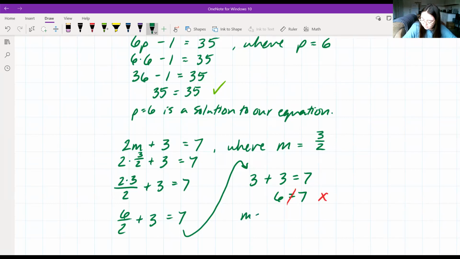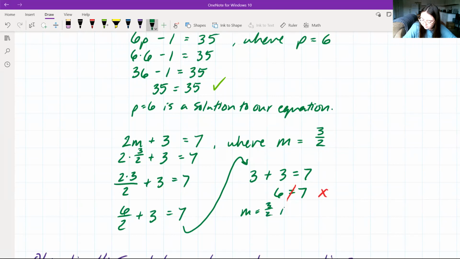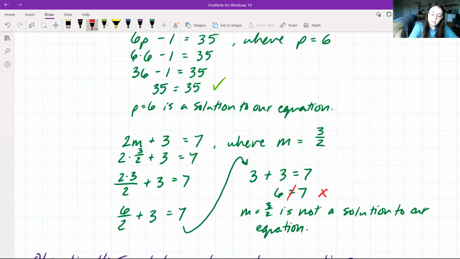So m equal to 3/2 is not a solution to our equation. For problems like these, we can just plug in and check our answers.